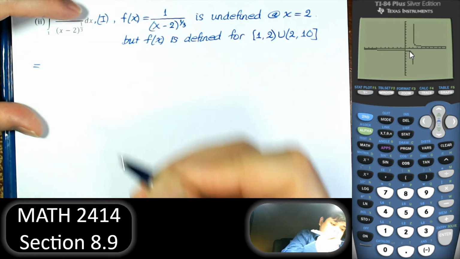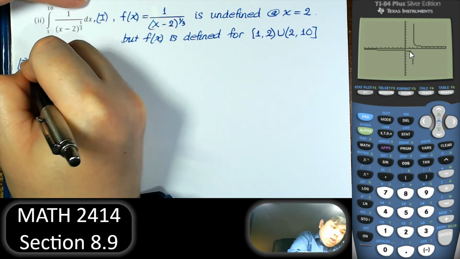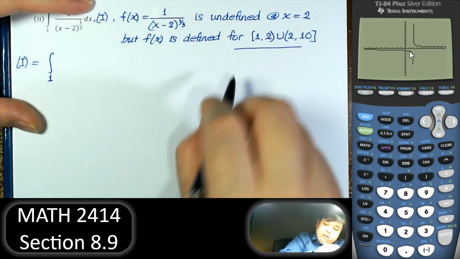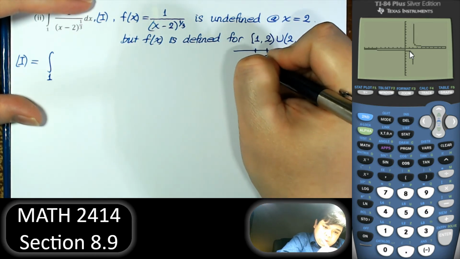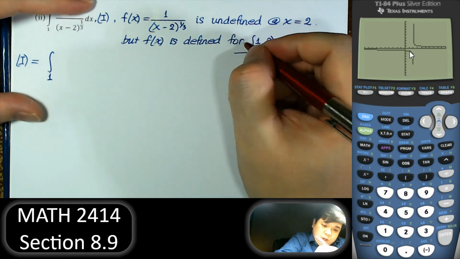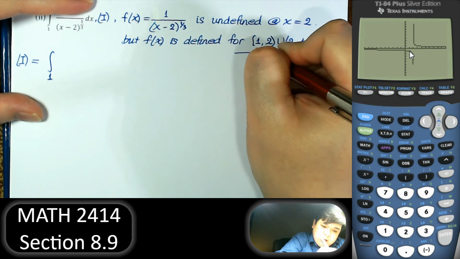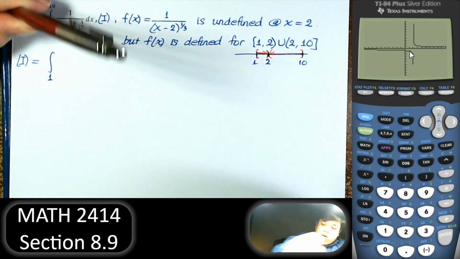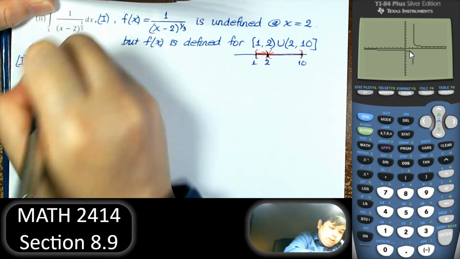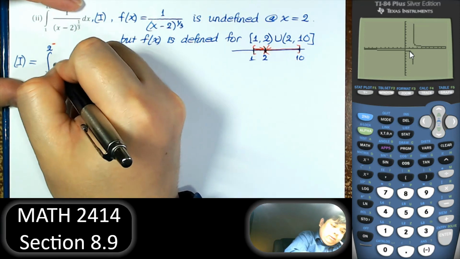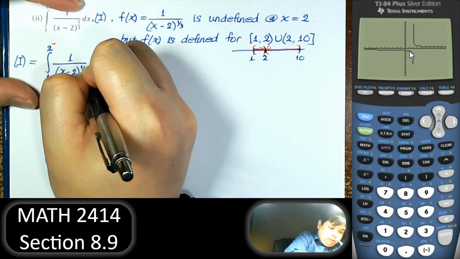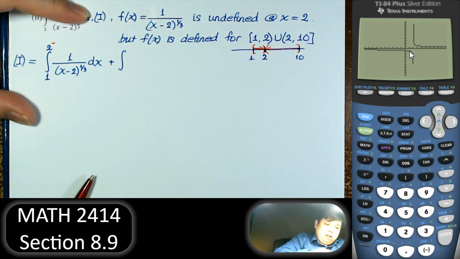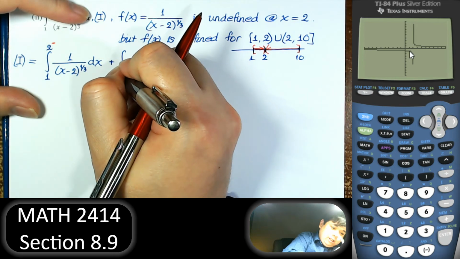this integral we have to split in two, one of which goes from 1 to 2 but from the left side, not including the 2, and the other one from 2, but from the right side.